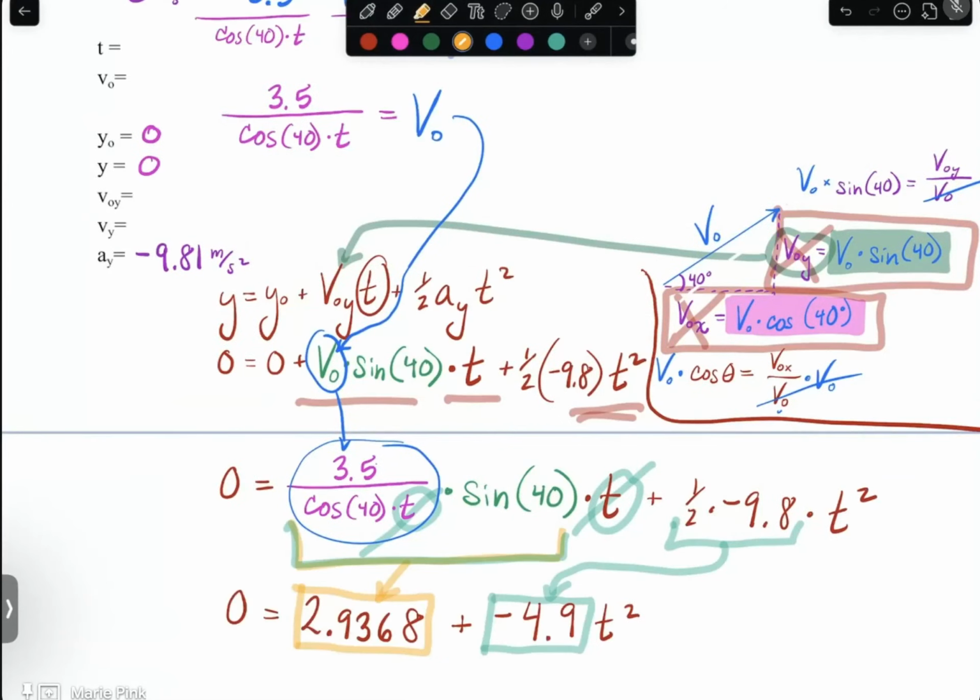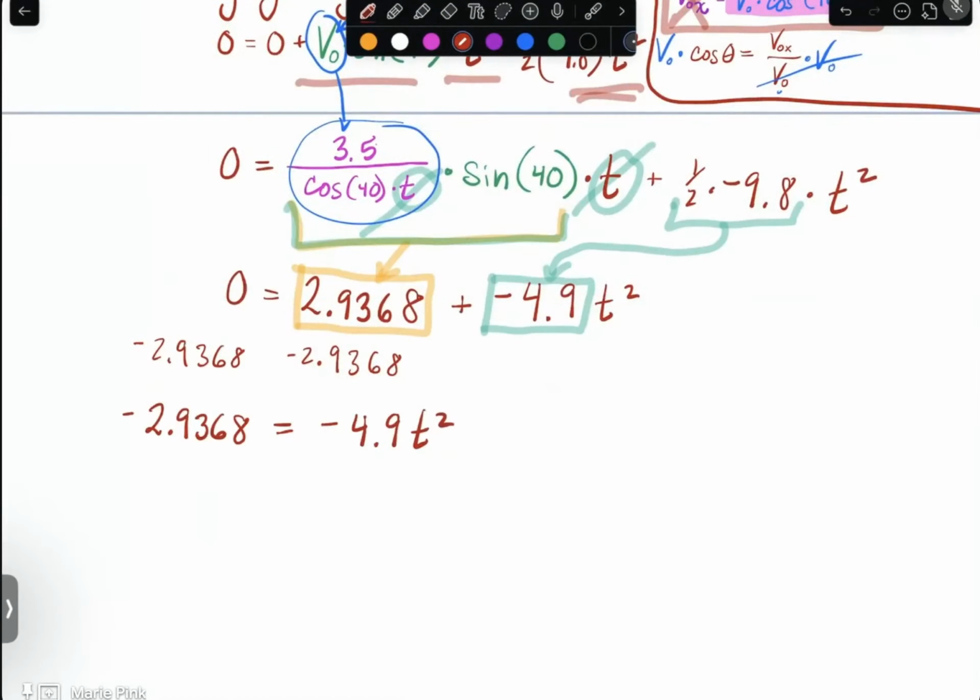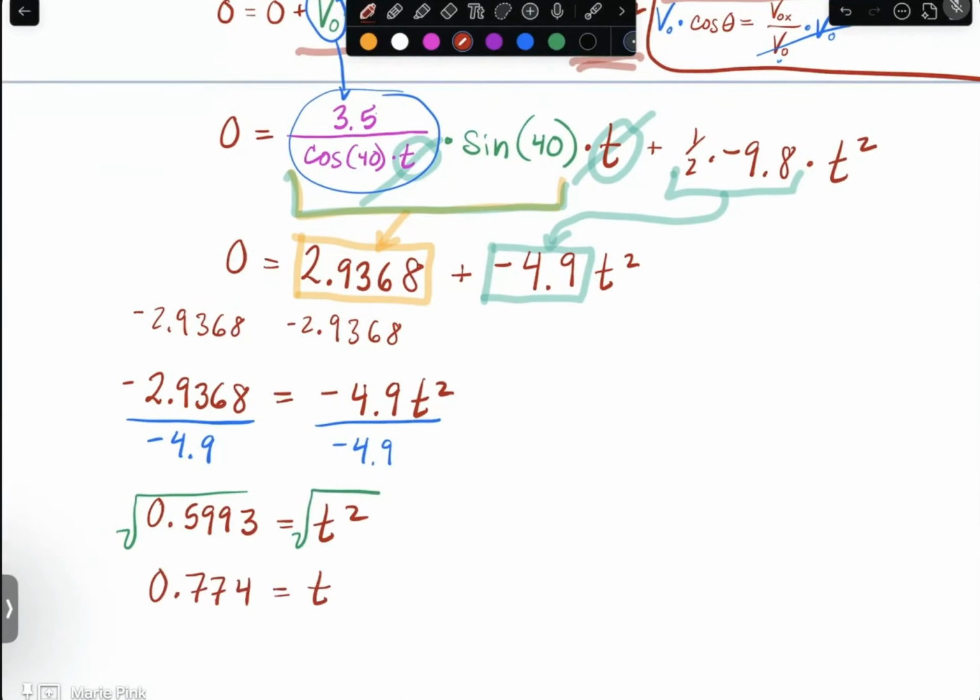Then I subtract the 2.9368 from both sides, and when I do that, I get this. Then I divide both sides by the negative 4.9. So I'm not subtracting, I'm dividing. And then I square root both sides. Now I have time.